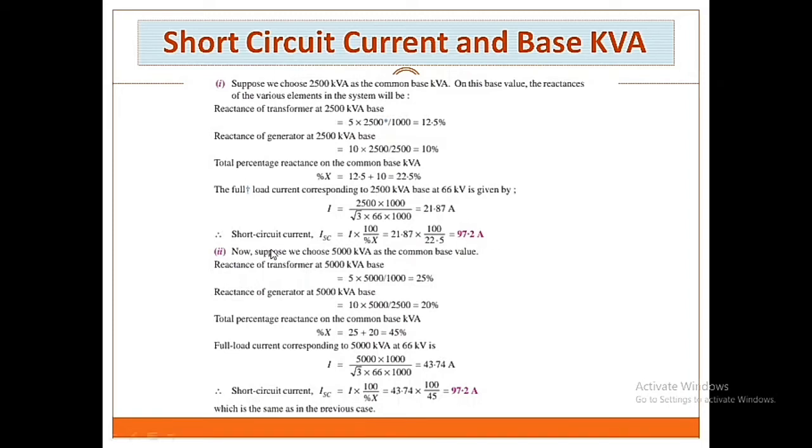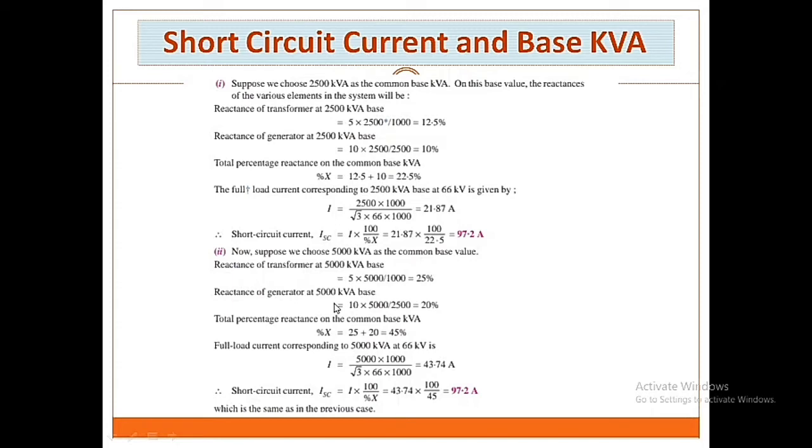Now in second case, we assume that base kVA is 5000. So for reactance of the transformer at 5000, here only base kVA is changed: 5 into 5, which is the percentage reactance at rated kVA of transformer, into base kVA by rated kVA, which is equal to 25%.